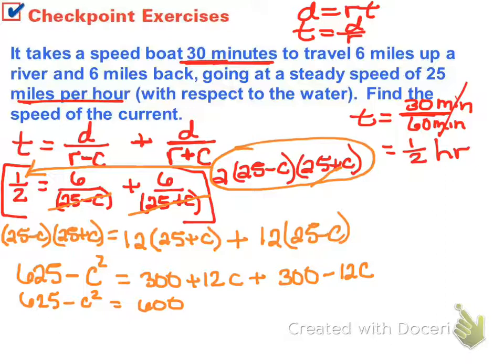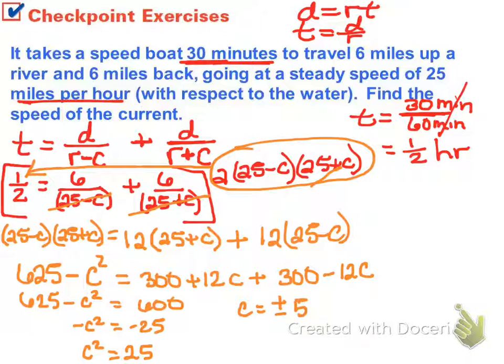Subtract 625 from both sides, we would have a negative c squared is equal to a negative 25. Divide by the negative 1, we would have c squared is equal to 25. Take the square root of both sides. C would be equal to a positive and a negative 5.